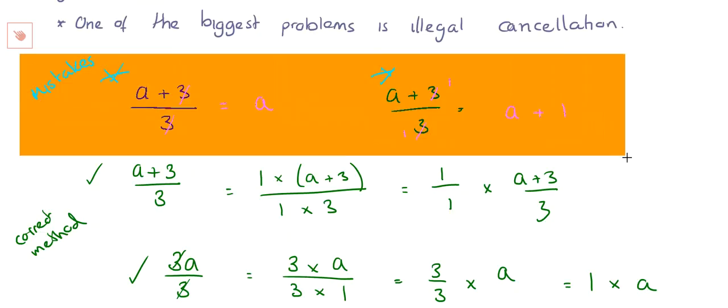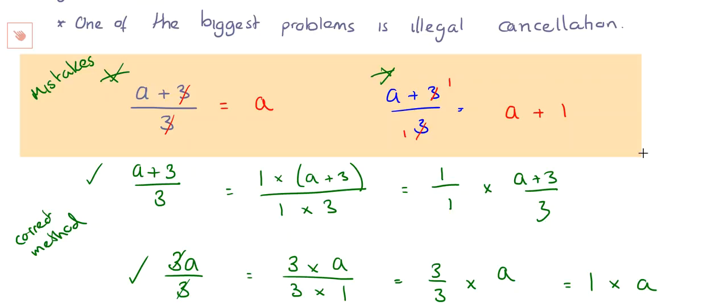So these ones are the mistakes not to make. And like I say, I'll reiterate, I keep saying it, because people think they're crossing things out and they magically disappear. You've got to think, I've got to break it into factors, and then the factor divided by itself gives me 1, so 1 times something. That only works if it's 1 times, because if we end up with 1 plus, it does change it.